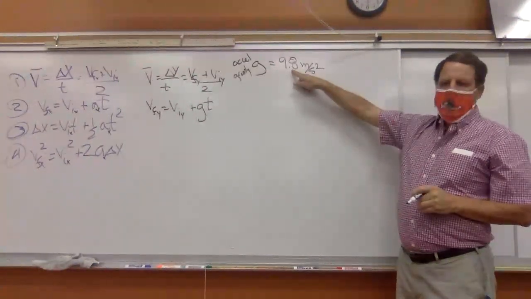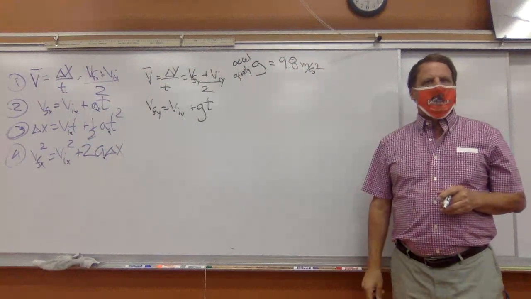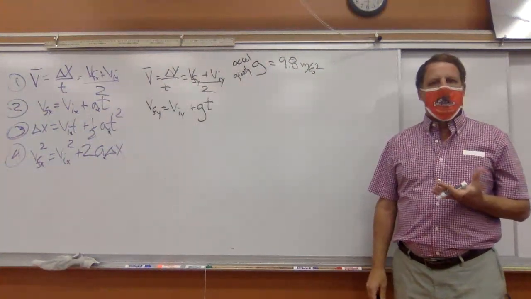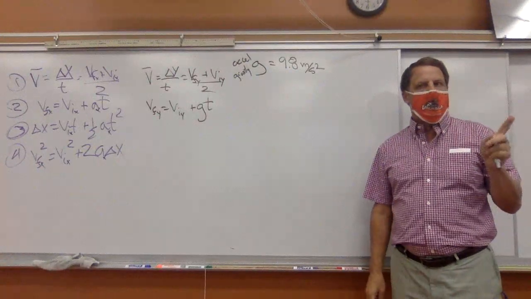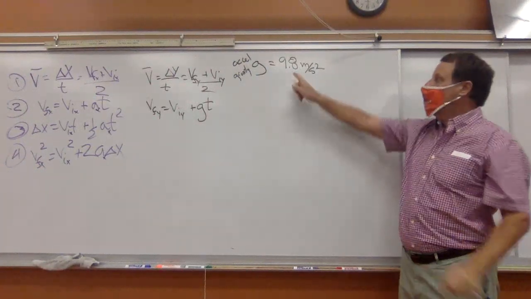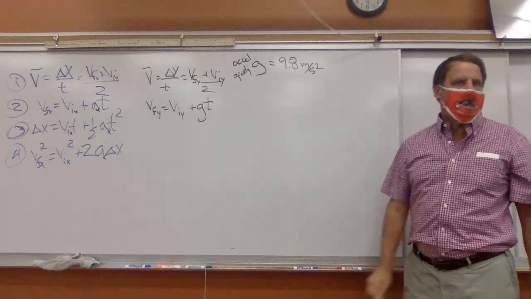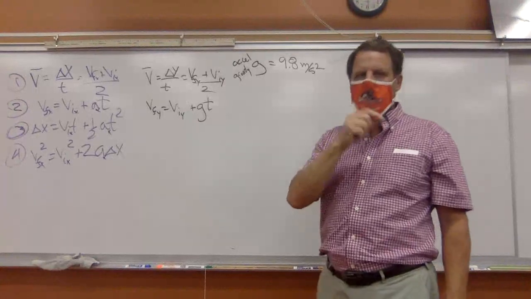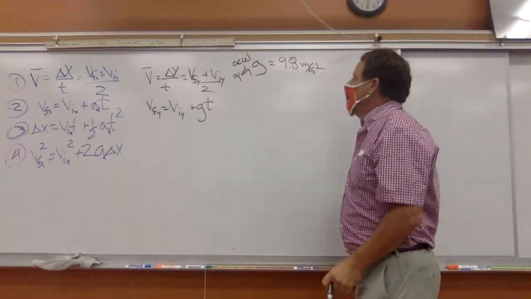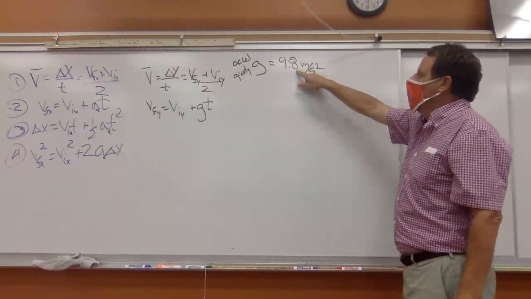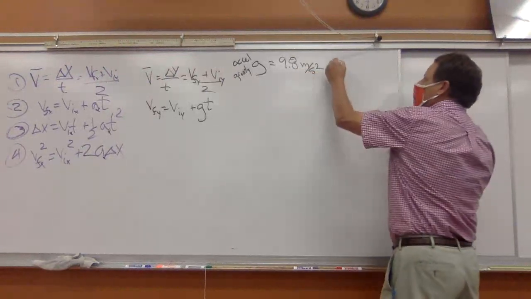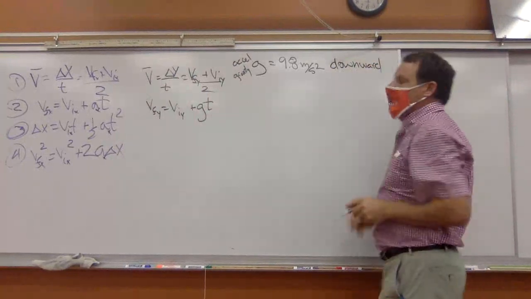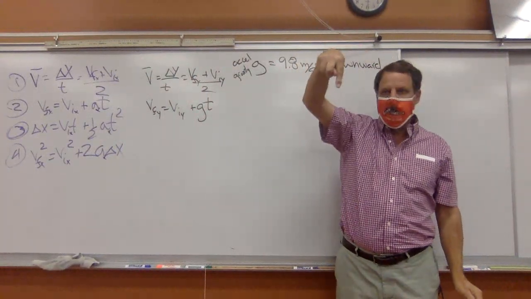I think your book lists it as 9.80, and I've seen other books give it as 9.81. This varies slightly depending on where you are, both in elevation and location around the Earth. But for the most part, it's going to be 9.8 meters per second squared. That is going to be downward. It's always going to go down.